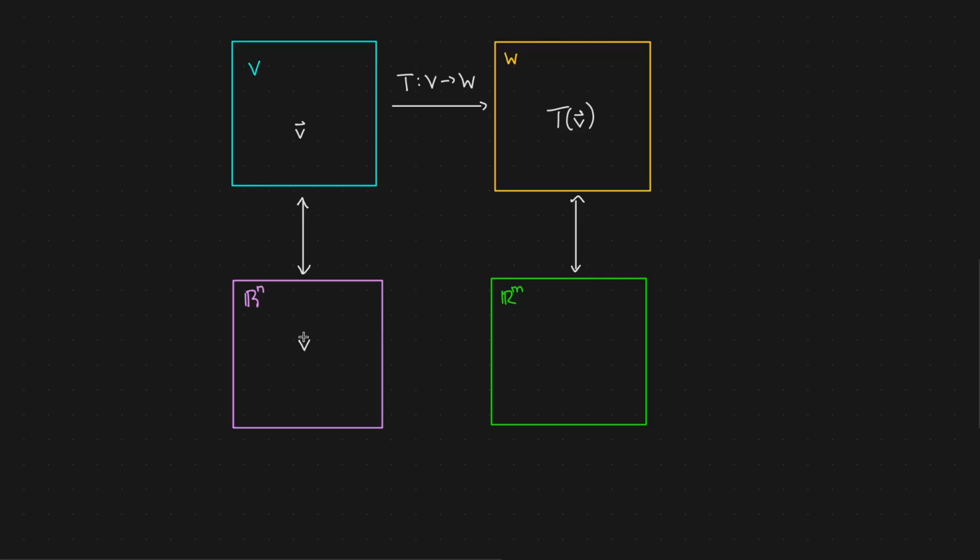So we're going to go to the coordinate vector of v with respect to basis B. And here we're going to go to the coordinate vector of the transformation of v with respect to basis C. Now, we can define a new transformation, T prime, that goes from Rn to Rm, that behaves just like transformation T, but we're just using vector spaces isomorphic to our original vector spaces V and W. And because this is a transformation from Rn to Rm, this is a matrix transformation.